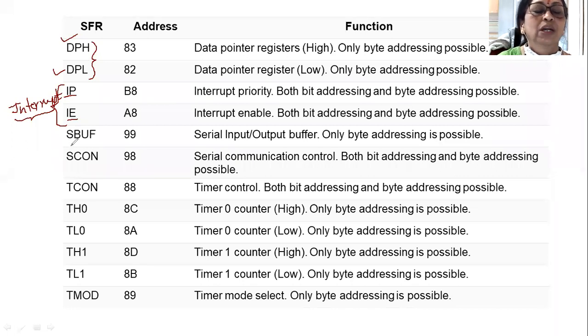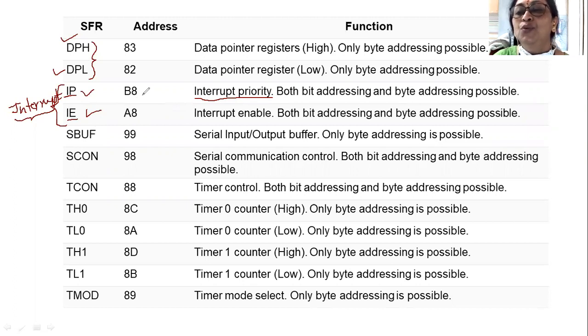Whatever may be the purpose, interrupt is a signal which is used to grab the attention of the CPU. Now there are two 8-bit registers related to this interrupt. One is called IP. The meaning of IP is interrupt priority. We have already discussed the meaning of interrupt priority.